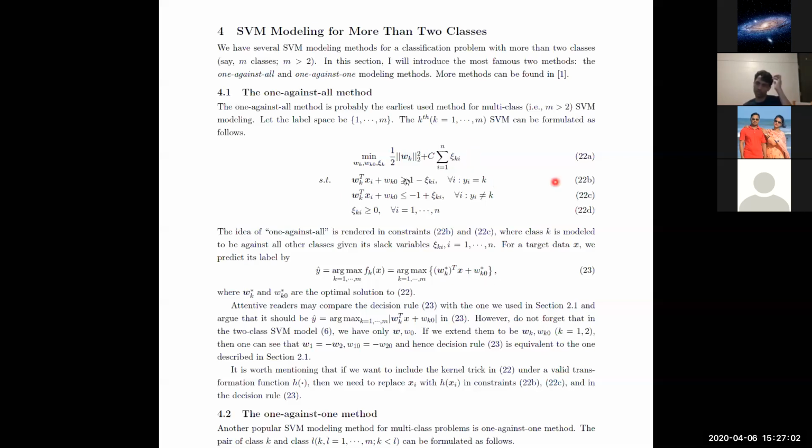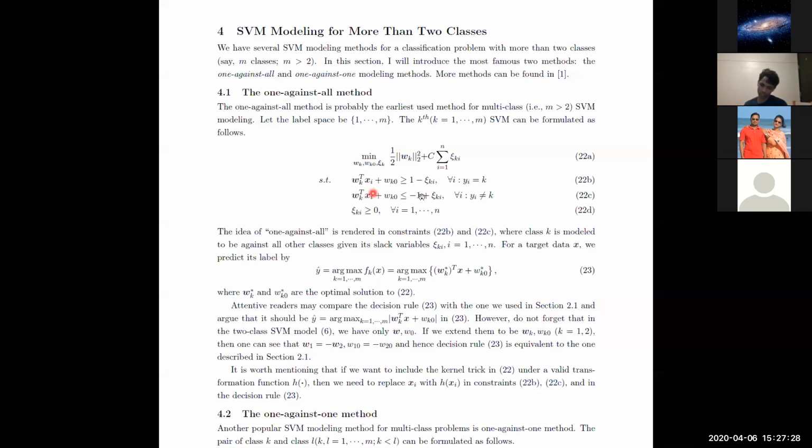By comparison, you will have two models here. If you really compare these parameters clearly, you're gonna have w1 star equal to negative w2 star, and w10 star equal to negative w20 star. You know why?